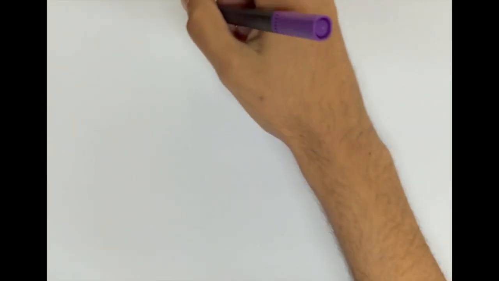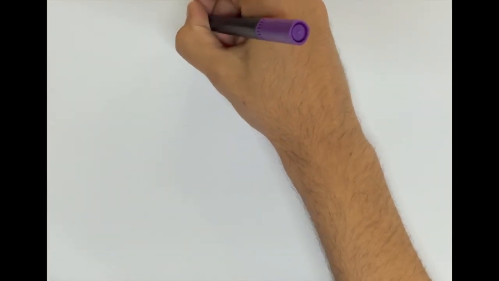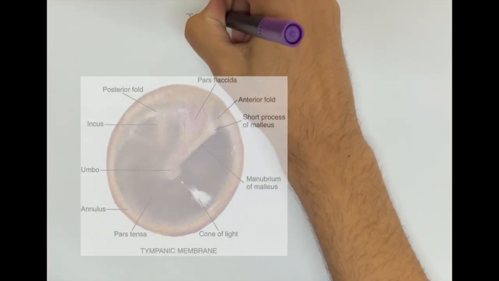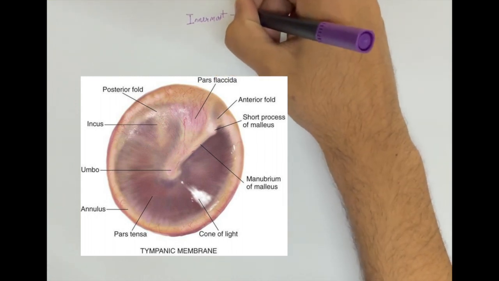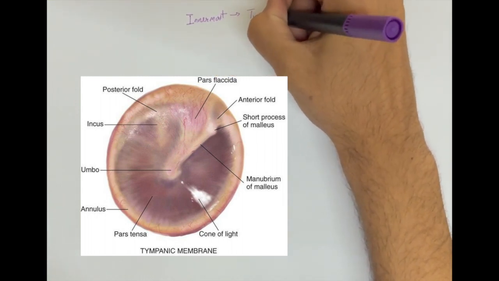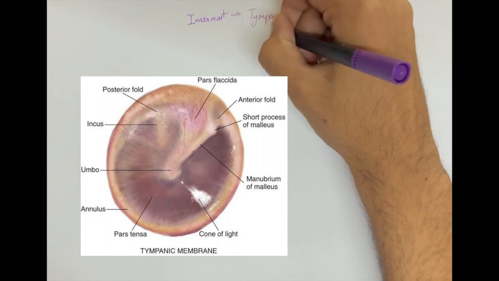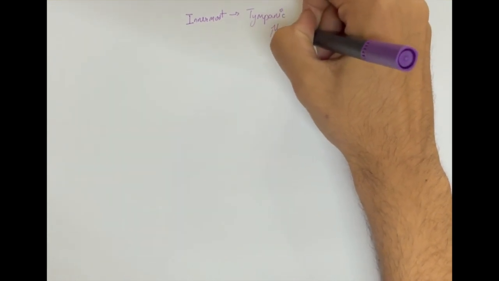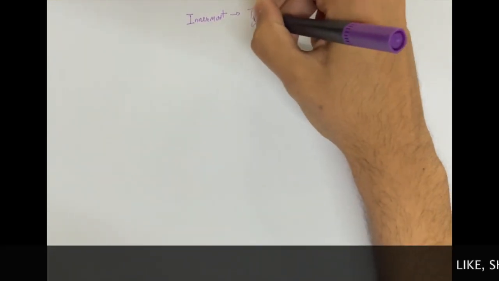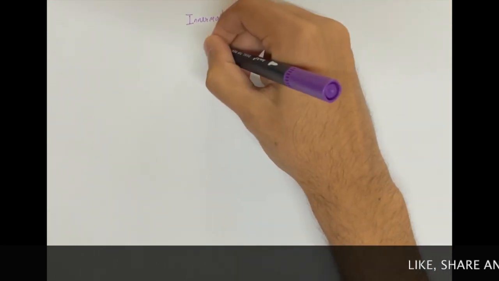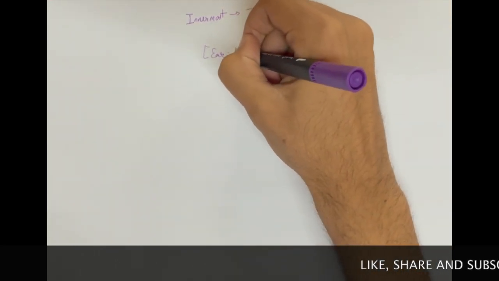Now we shall talk about the last and the innermost part of the external ear, which is the tympanic membrane. It is also known as the eardrum.